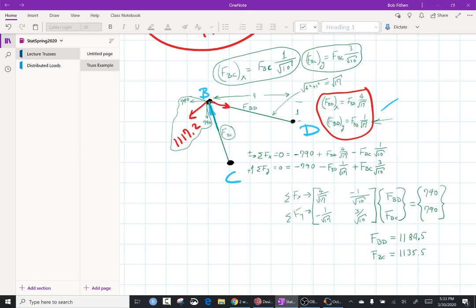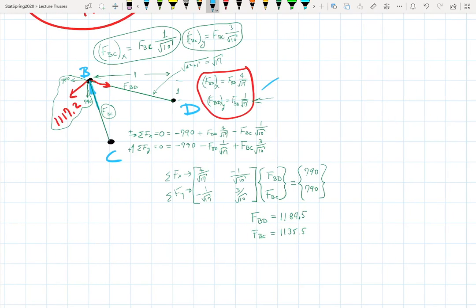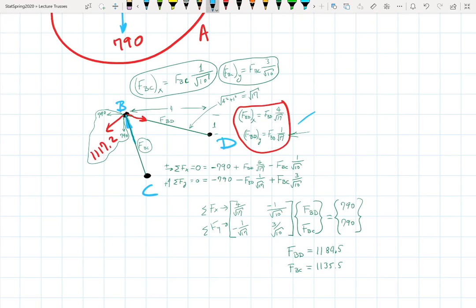Okay, let me make sure I've got this. This may have been my F_BC going back to the left, F_BC going up. So what I'm trying to check: F_BC going back that way, F_BC going up.